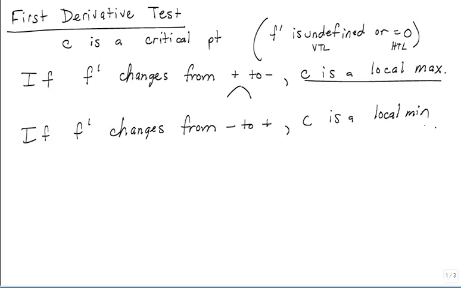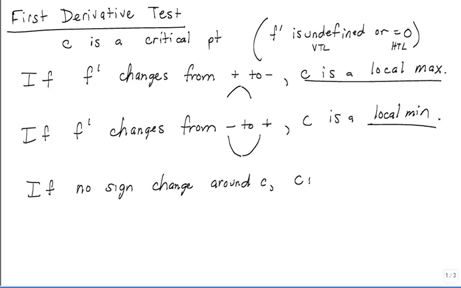Now, how do you know that? Well, if f prime's negative, you're decreasing. If f prime's positive, you're increasing. So you get a low point. If no sign change around C, C is neither a local max or a local min.